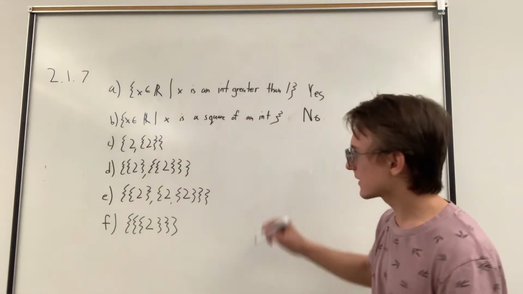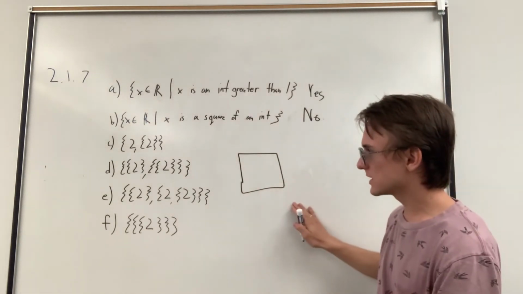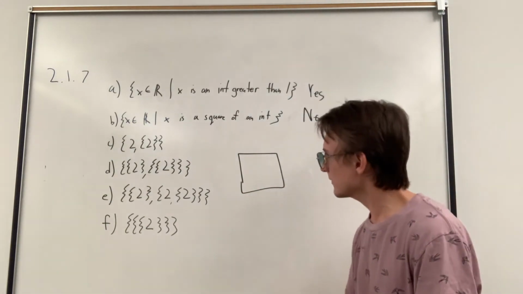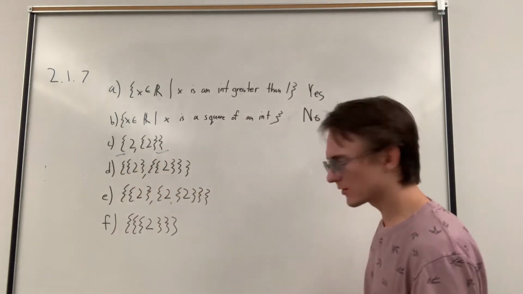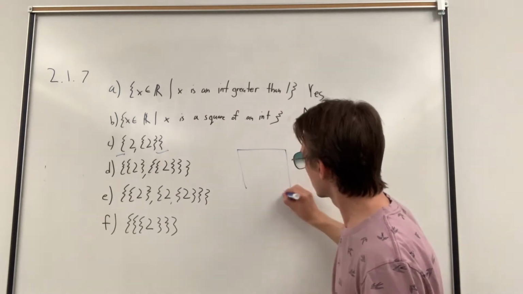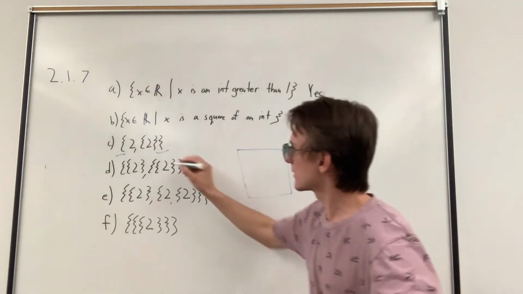So we can think of a set like this. Let's say this is our first set of parentheses here. And I'll color code it. And we have another set of parentheses right here.